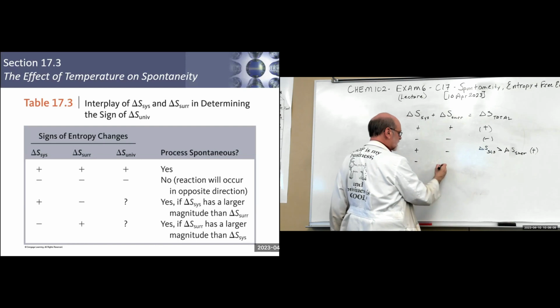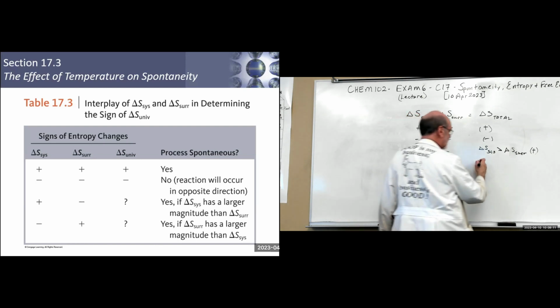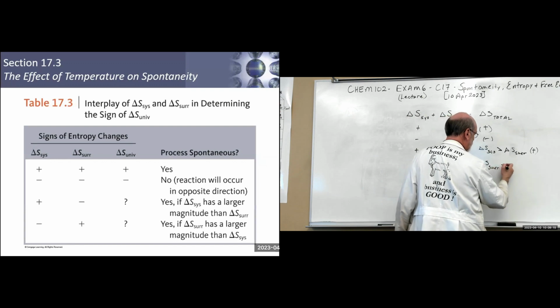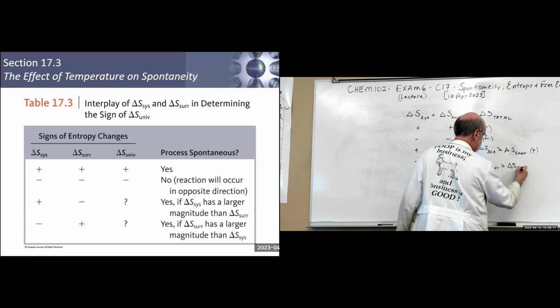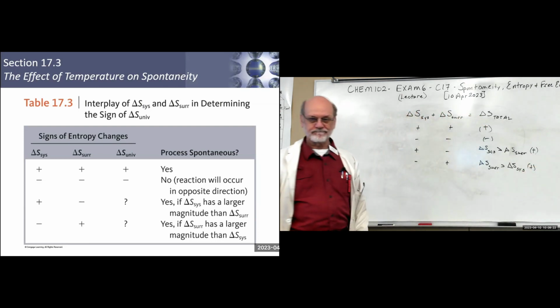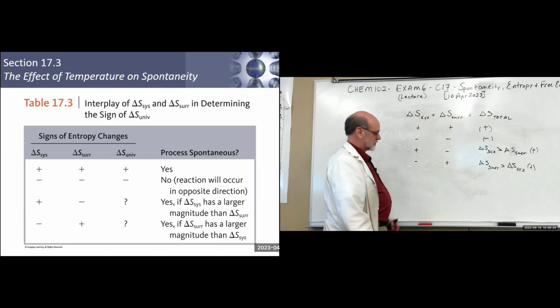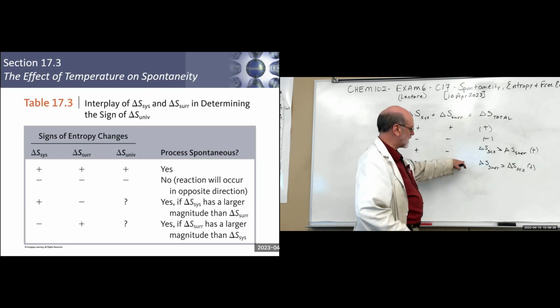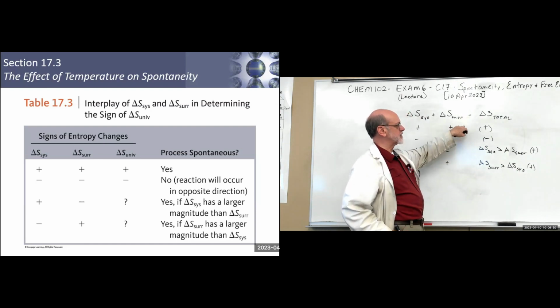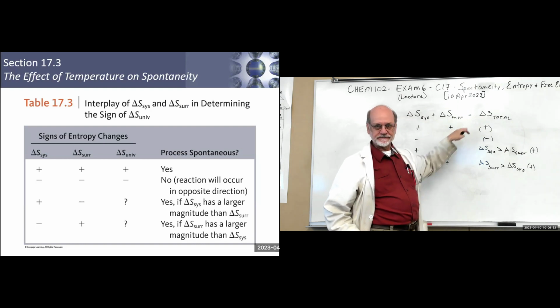And if this one is negative and this one's positive, then the delta S for the surroundings would have to be greater than the delta S for the system in order for it to be positive. Okay. So this one is conditional spontaneity, conditional spontaneity. This is always non-spontaneous. This one is always spontaneous.